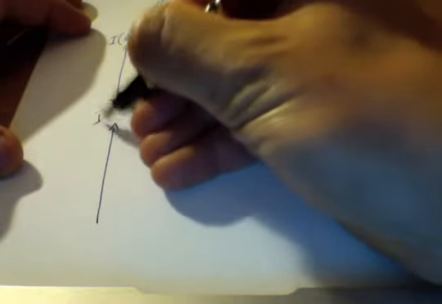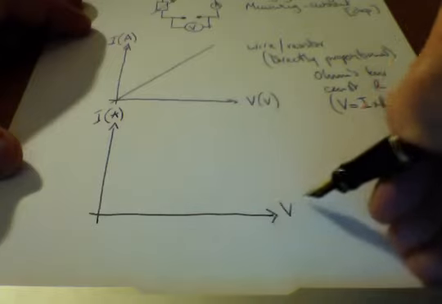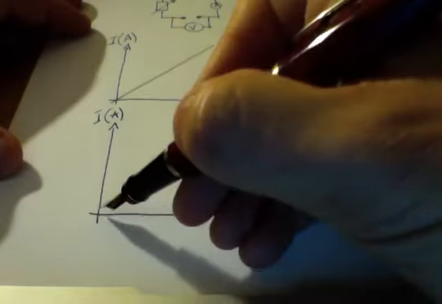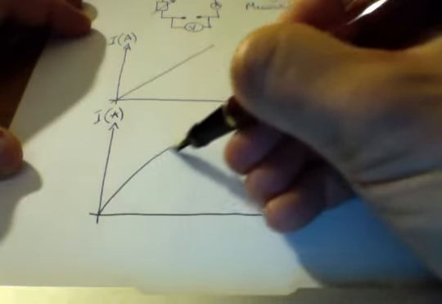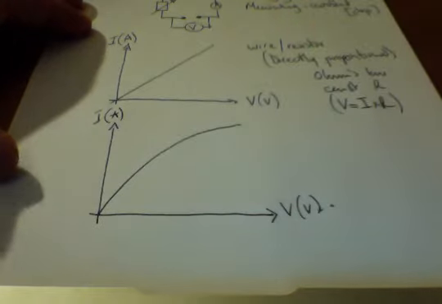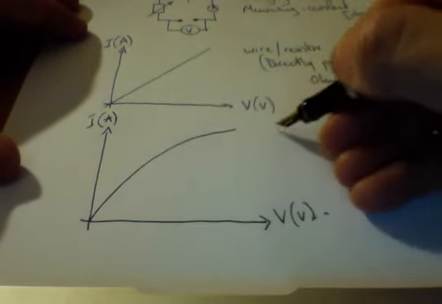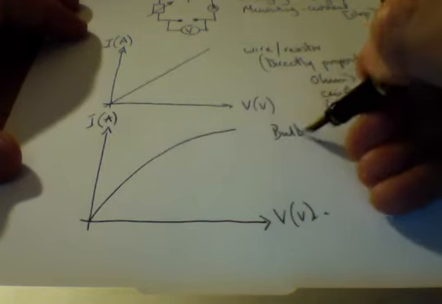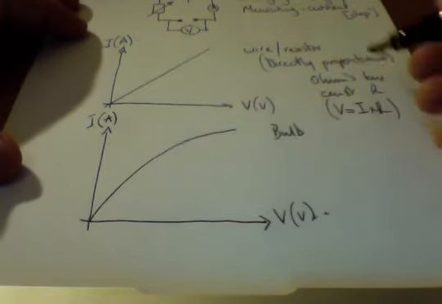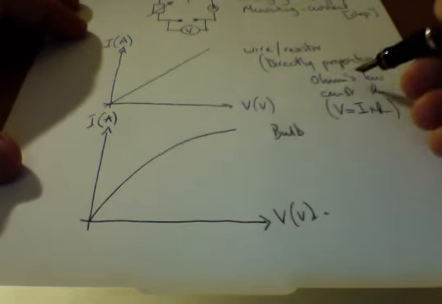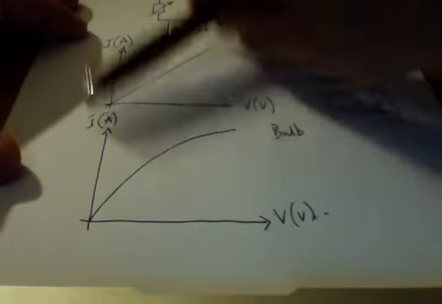Right, well, what about another one? What about if we looked at the light bulb? Well, if you look at that, it starts out looking about the same, and then suddenly it starts to curve off. In other words, the characteristic IV curve, if you like. This is a bulb. So what does that say? Well, it's not obeying Ohm's law.